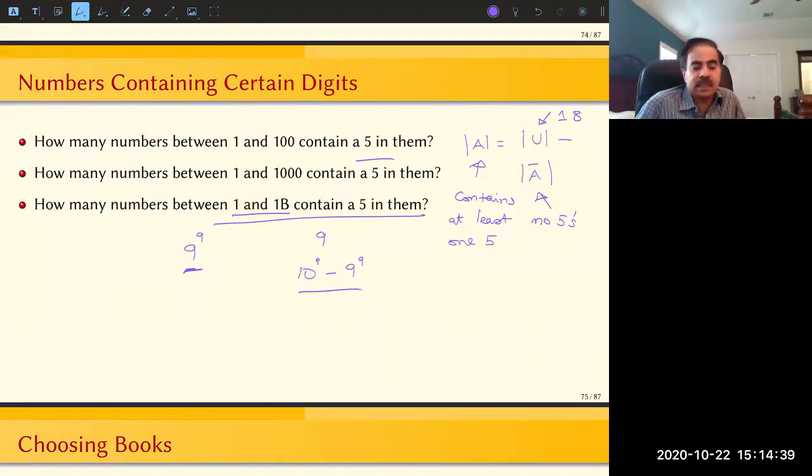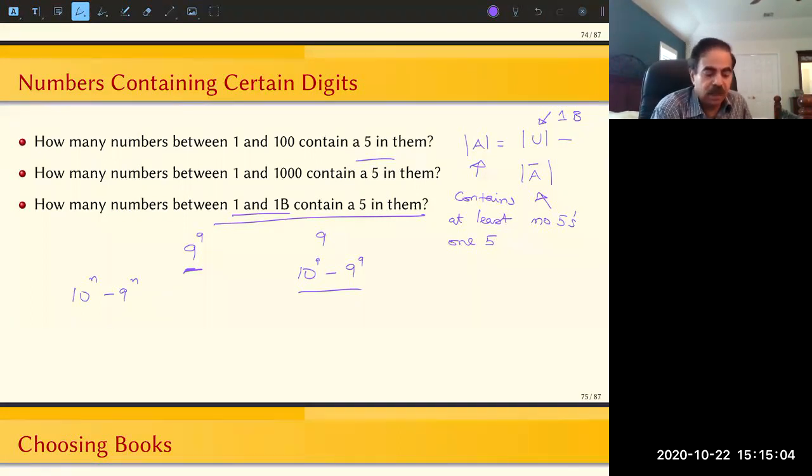So you can certainly see that if you apply this formula, which basically says 10 to the power n minus 9 to the power n, if you're looking for n digit numbers, then the formula would be 10 to the power n minus 9 to the power n. And we certainly got that right for n equal to 2.